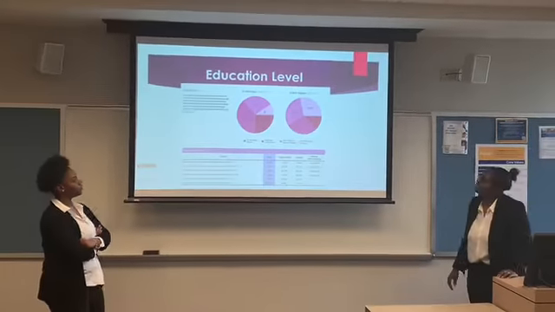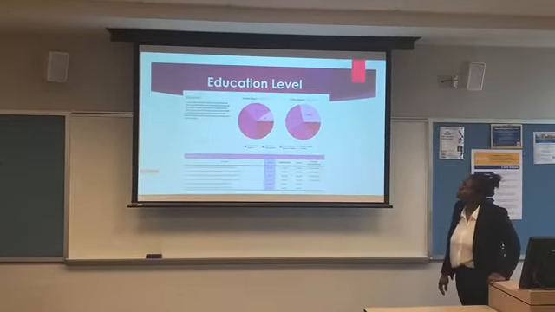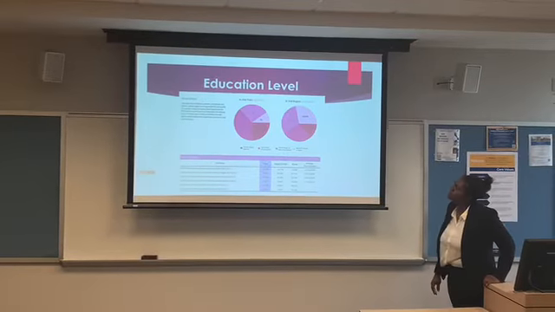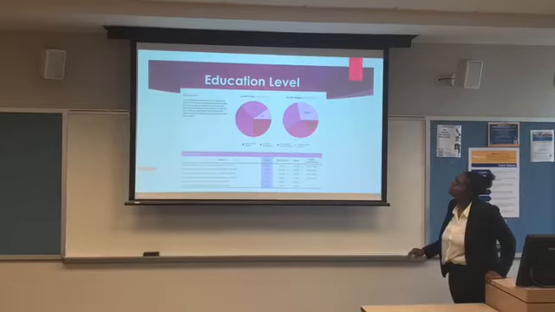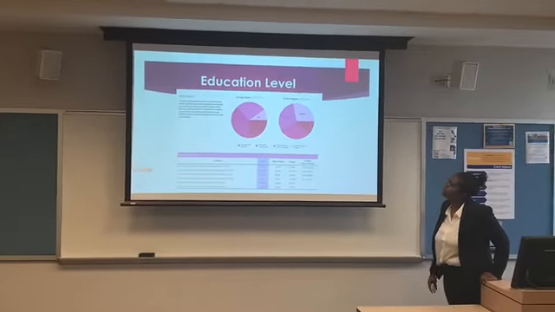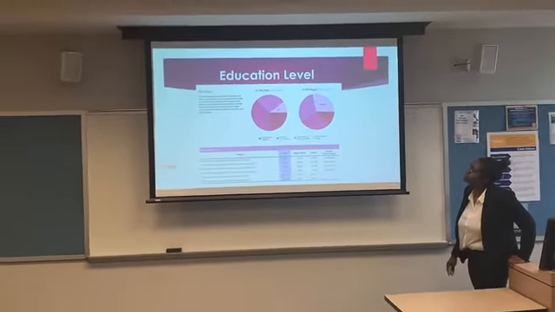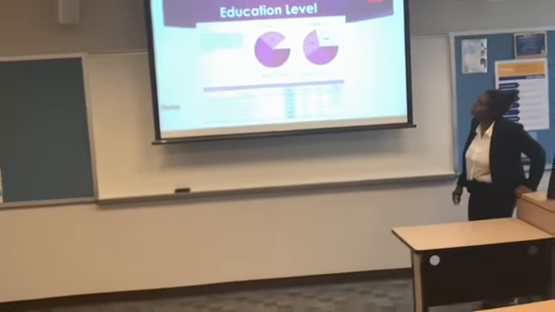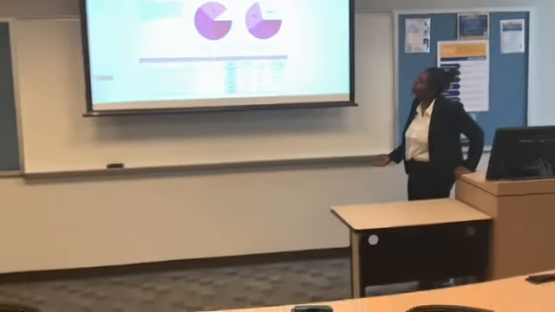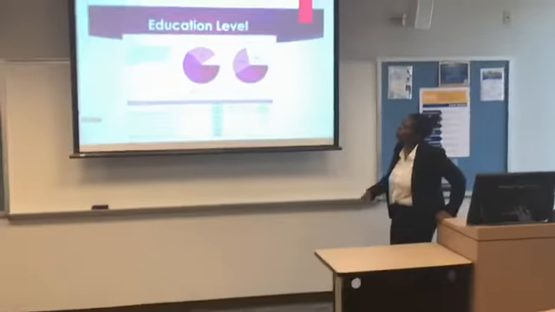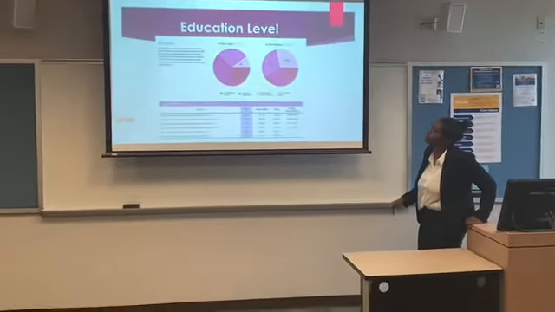Okay, the next thing we wanted to highlight was the education levels. The pie chart on the right is the numbers for the region. The pie chart on the left highlights the number of graduates from high school, associate's degree, or bachelor's degree from this East Market Street area.